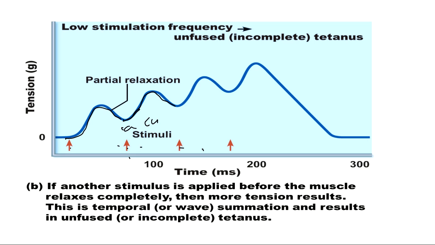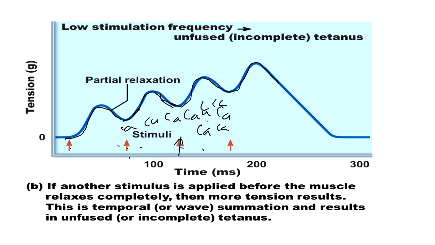And before that muscle relaxes, we stimulate yet again. Not all the calcium has been captured by relaxation before we release more calcium, so the next contraction is even stronger because the more calcium, the more cross bridges. And we'll do this repeatedly until we get maximum contraction.